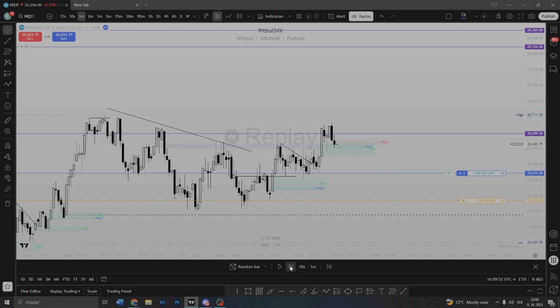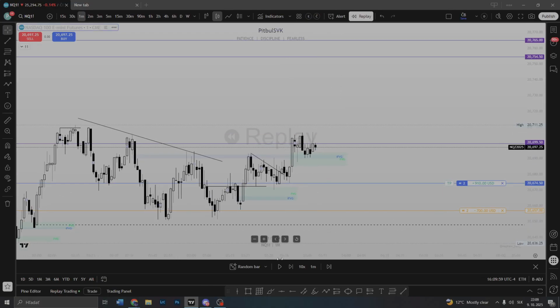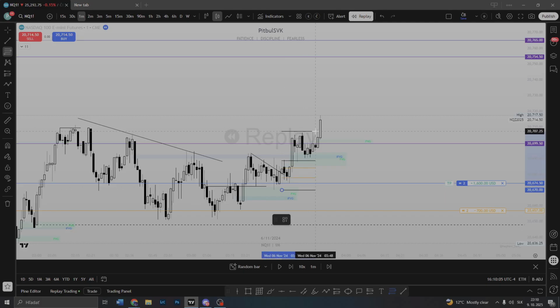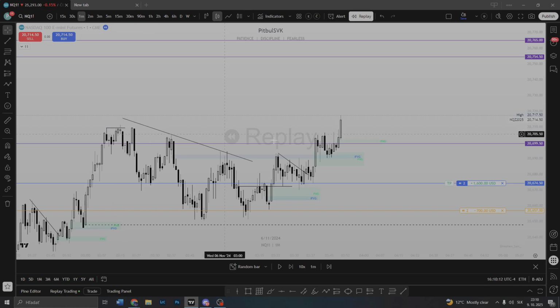Again, little accumulation. 50% of the range from range low to range high. Was it? I don't lie to you guys. It was nearly 50%. Yeah. And now we are finally taking that high.